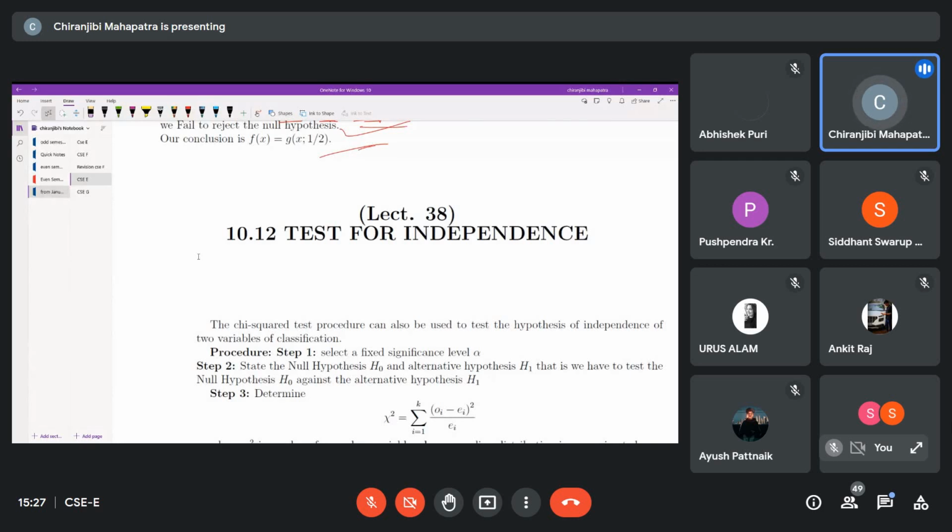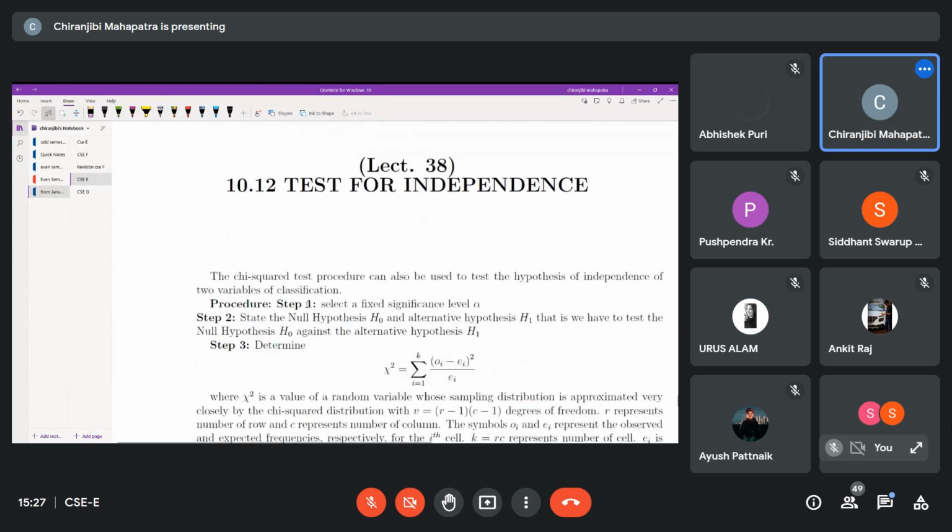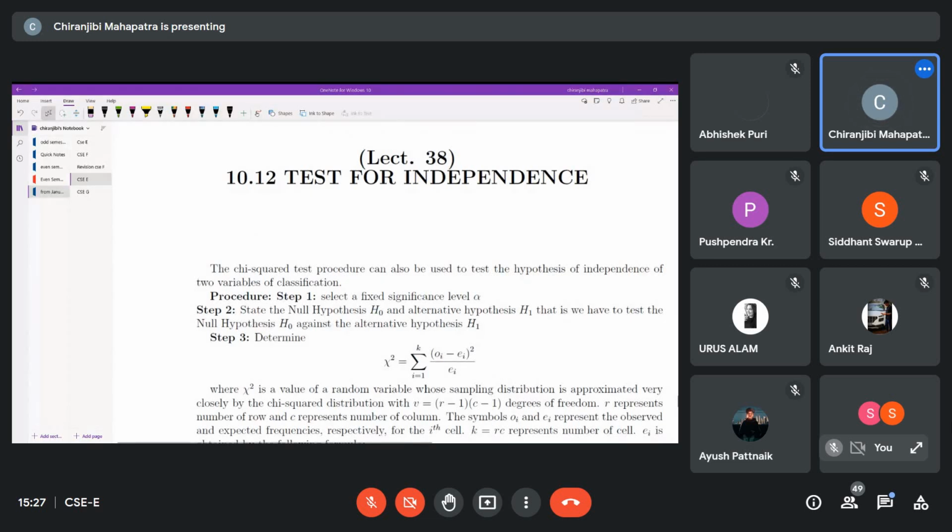Okay, so test for independence. So in this test for independence, what we used to do is we have two variables.